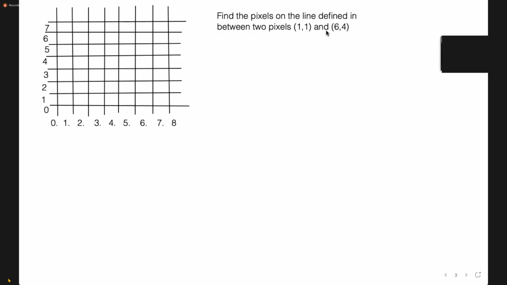Now we know that there are two endpoints. One is 1, 1 here. The next endpoint we know is 6, 4. 6, 4 is here.